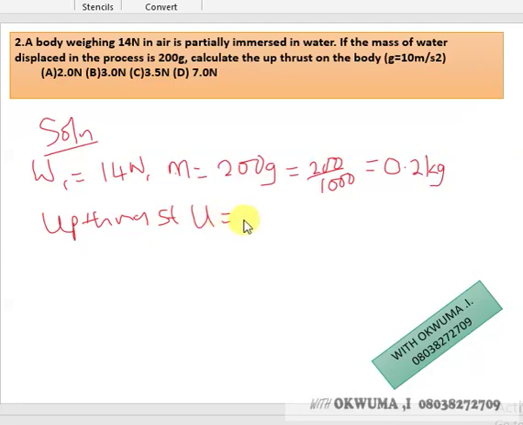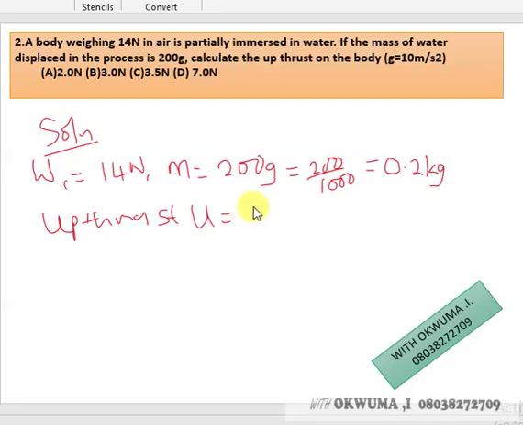Remember, upthrust is equivalent to the weight of the water displaced, and upthrust is a force. So it will be equal to m times g.